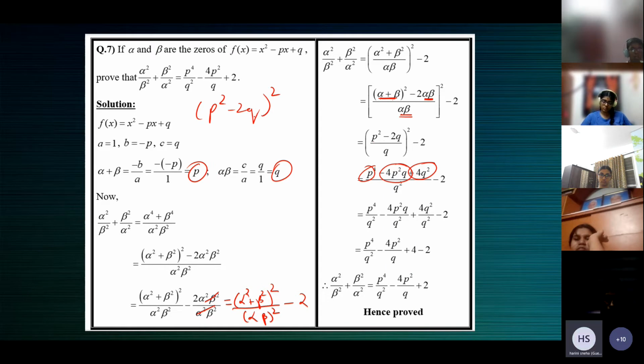This is like a minus b the whole square, which is a square minus 2ab plus b square. So a square is P square the whole square, P to the power 4, minus 2 into a into b, 2 into P square into 2Q, plus b square, 2Q the whole square, 4Q square. So this one will give you 4P square Q.